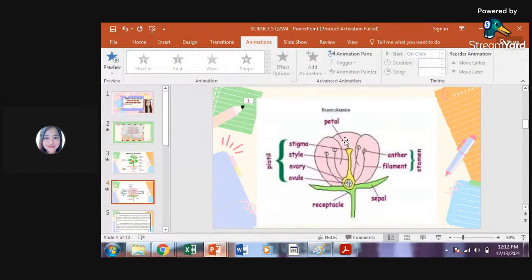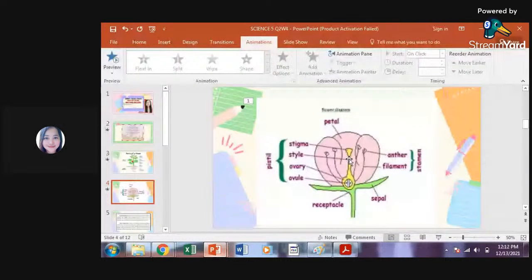The stigma is the swollen structure at the end of the style. It receives the pollen grains, so it is the receiver of the pollen. It stimulates the pollen grains to germinate.